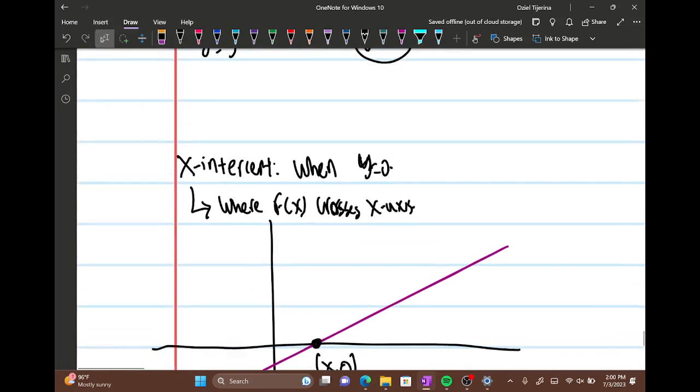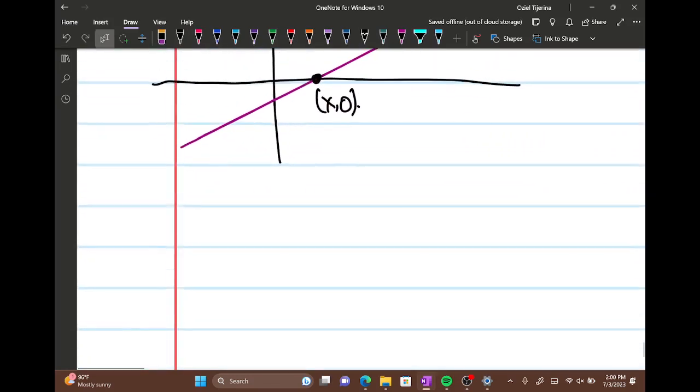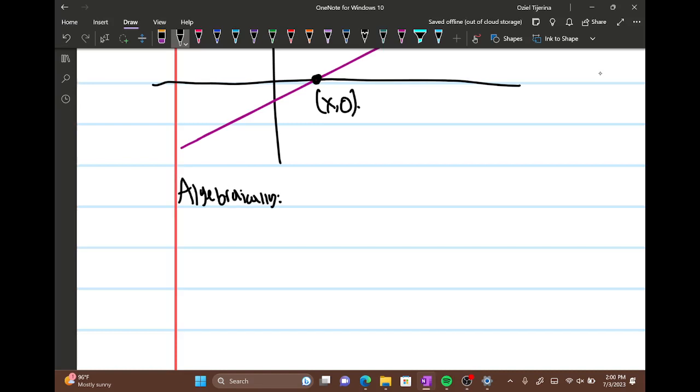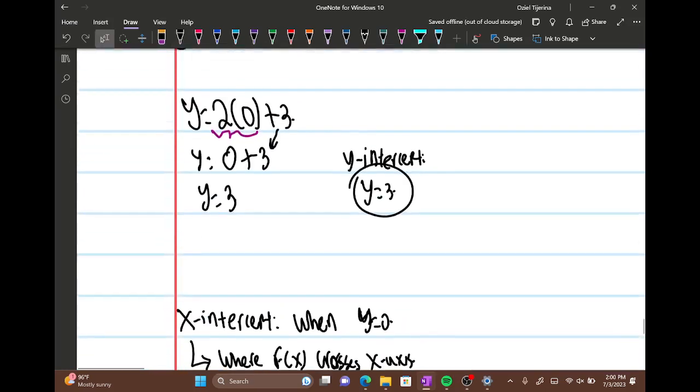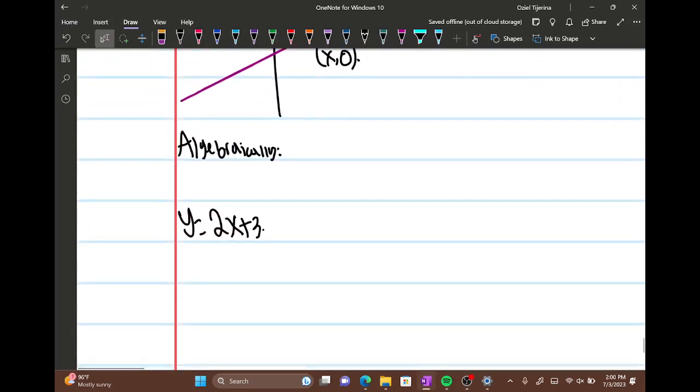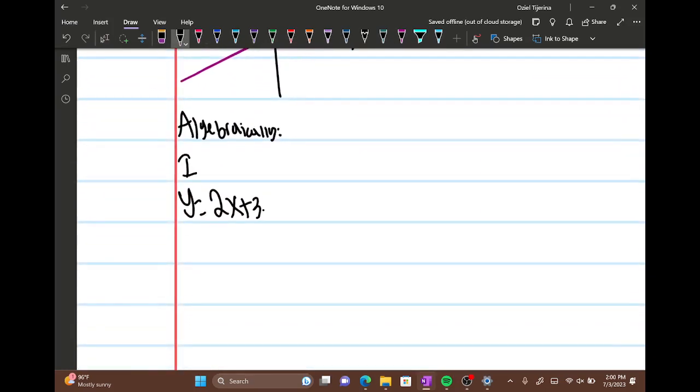Now, algebraically, the way this is going to go, if I have, for example, y equals 2x plus 3, right? And I say find the x-intercept.